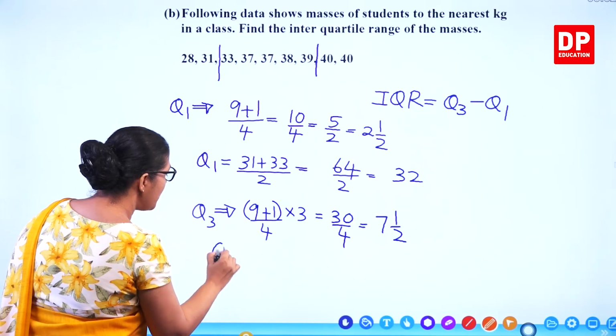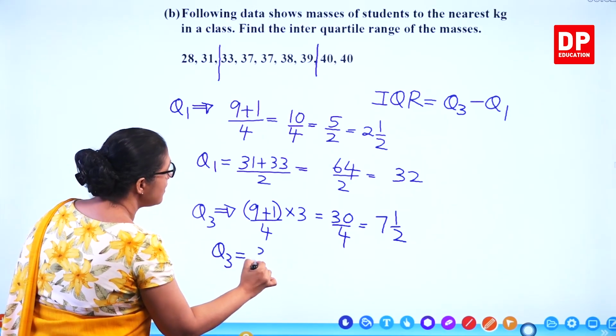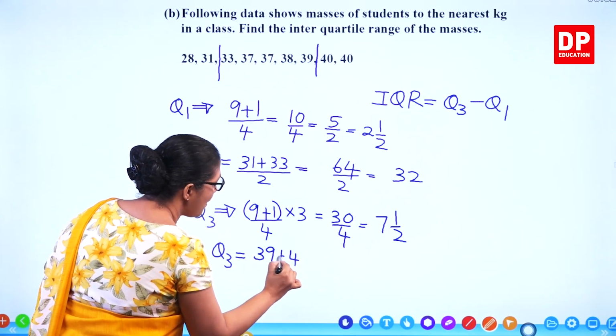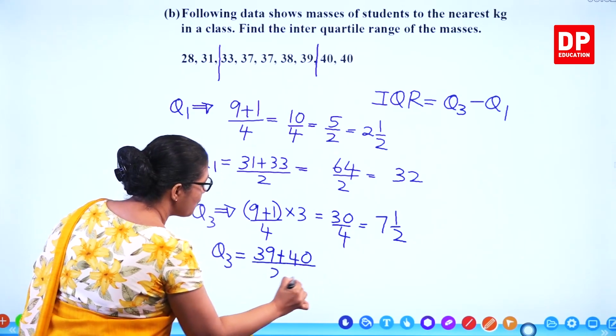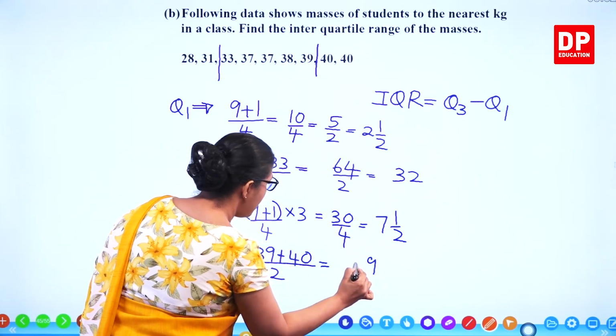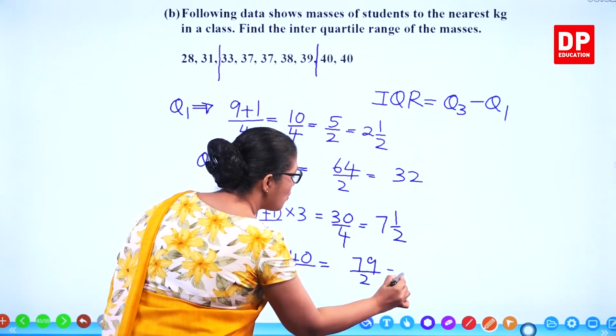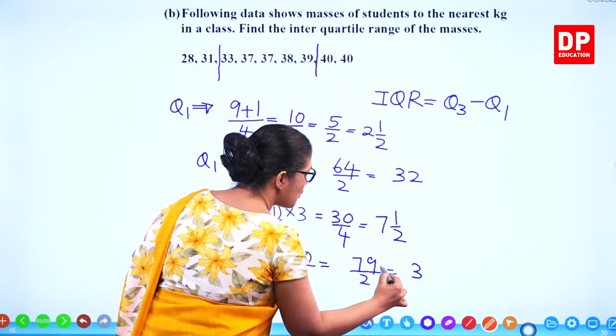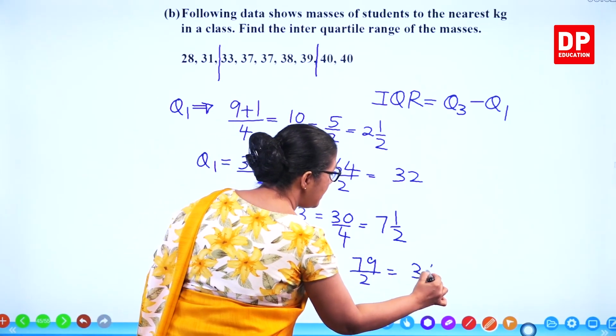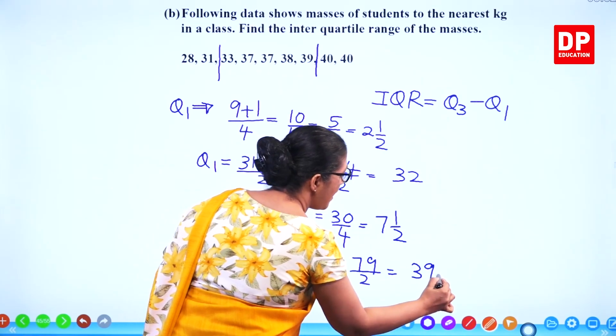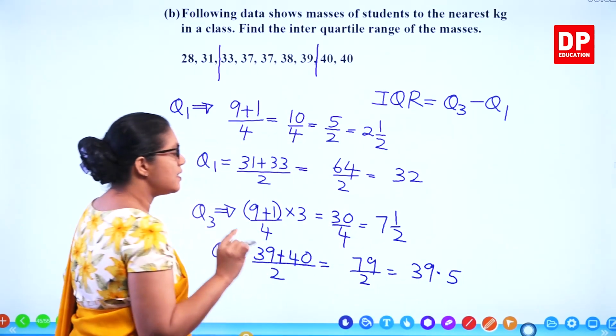So what is Q3, the third quartile? You add 39 and 40, divide by 2. You get 79 divided by 2, that's 39.5.